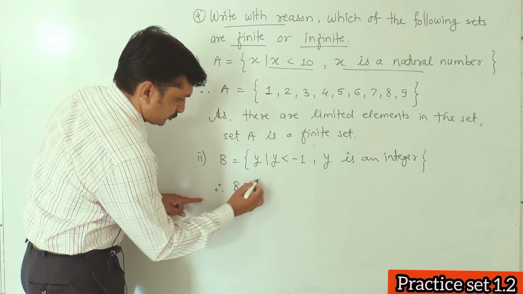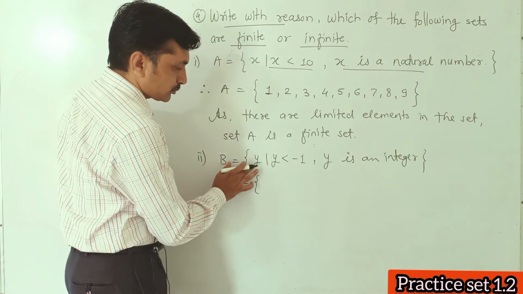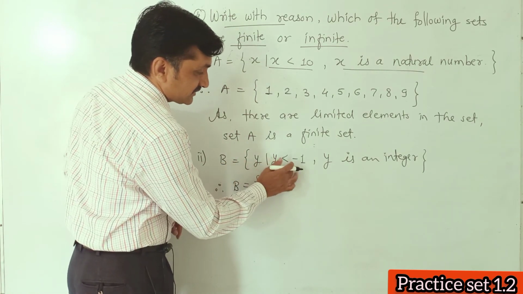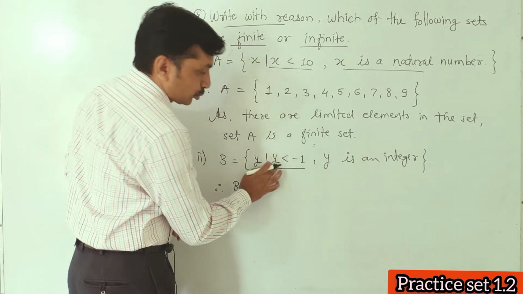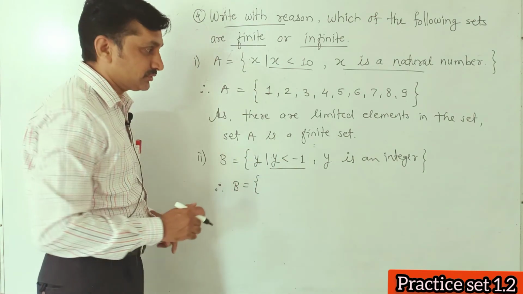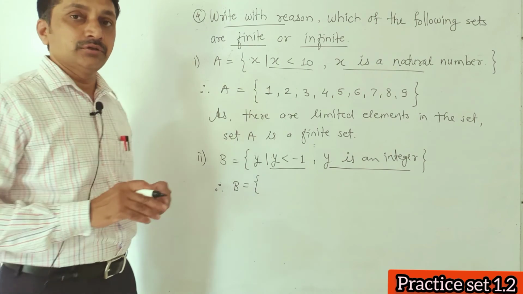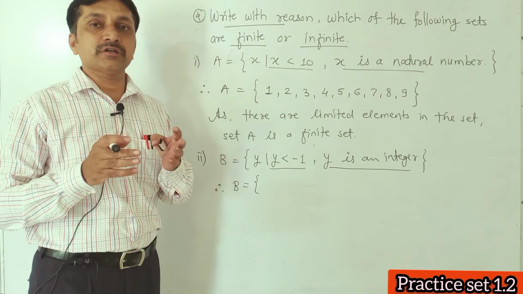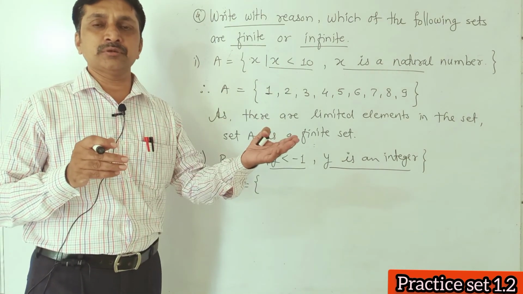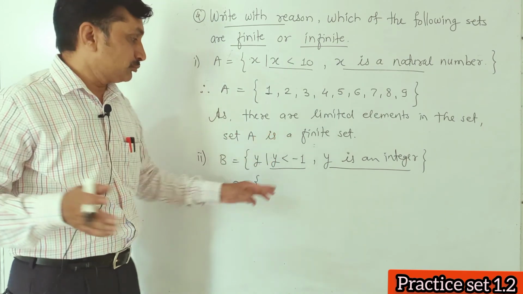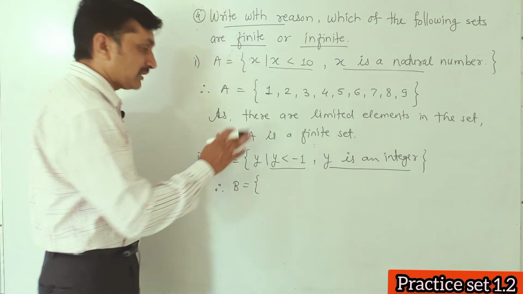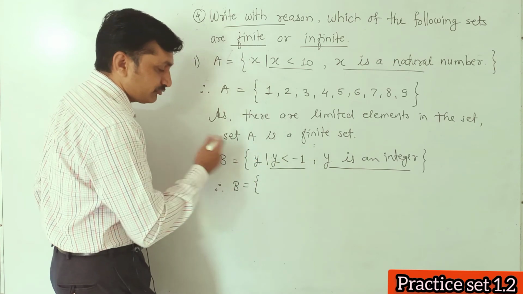B is the set of all y such that y is less than minus 1 and y is an integer. In the integers there are positive numbers and negative numbers also. But we want less than minus 1, and numbers less than minus 1 are infinite to the left side.